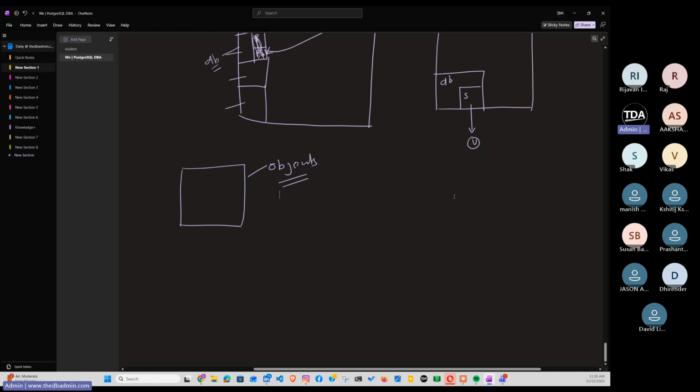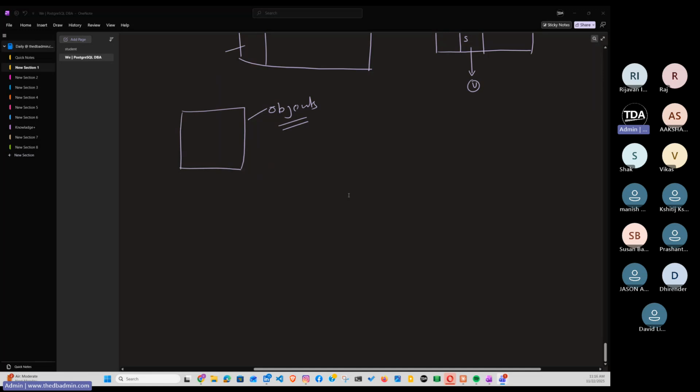For people from the Oracle background, they can think of V$ databases and DBA_ views as also behaving like a catalog. So we'll connect all those things step by step. Okay, is it clear? I have answered your question. Yes, Abhishek. Thank you.